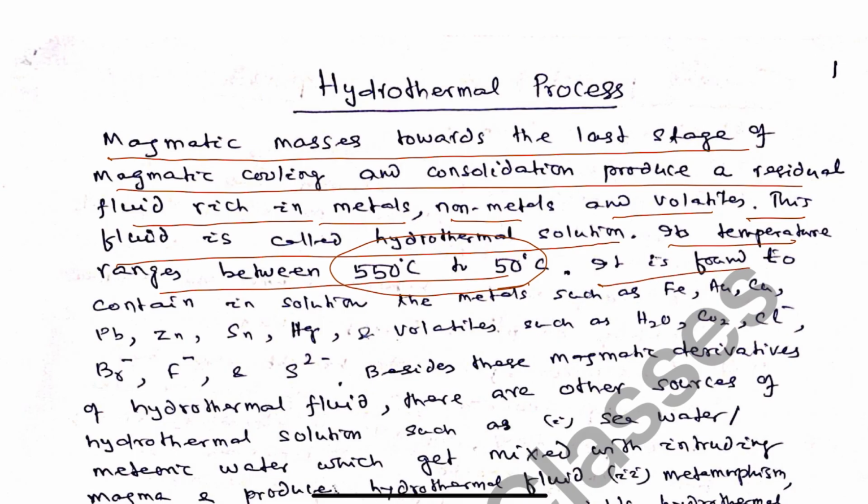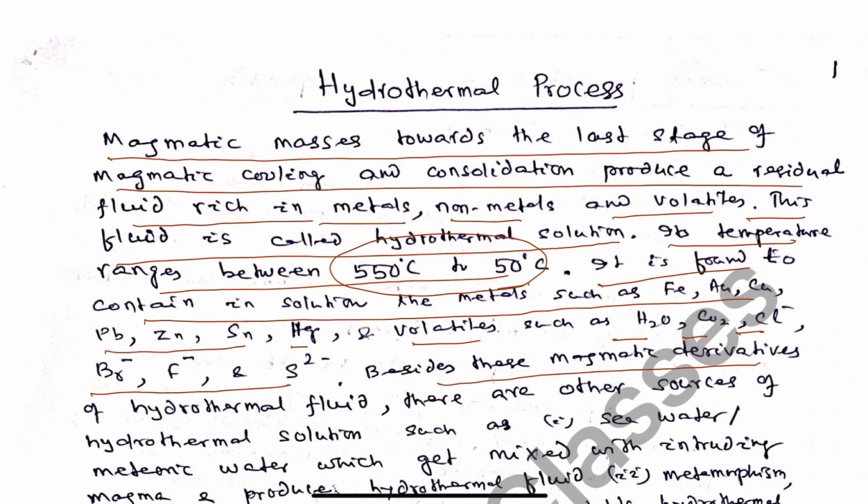This hydrothermal fluid is found to contain in solution metals such as iron, gold, copper, lead, zinc, tin, mercury, and volatiles such as water vapor, carbon dioxide, chlorine, bromine, fluorine, sulfur. So these are the elements found in the hydrothermal fluid.